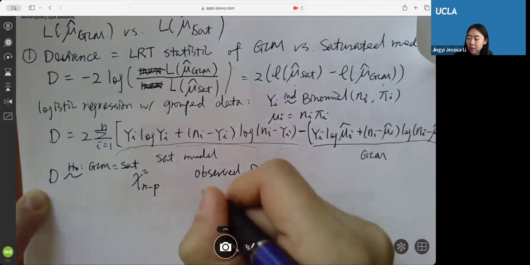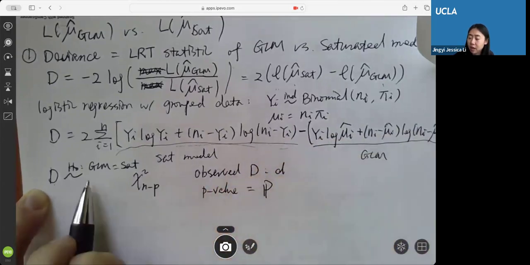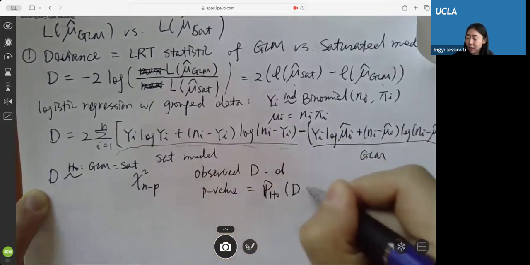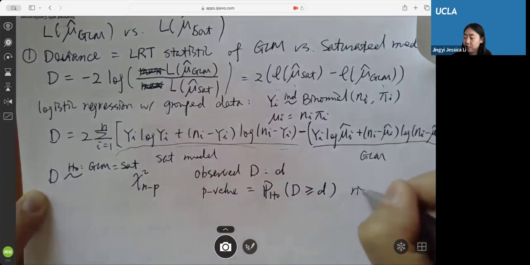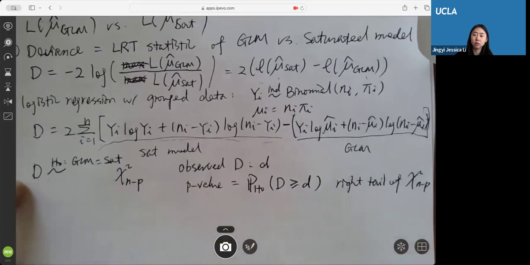Then the p-value is defined as the probability under the null hypothesis that big D is greater or equal to small d. So this is the right tail of the chi-square n minus p distribution. That's it.